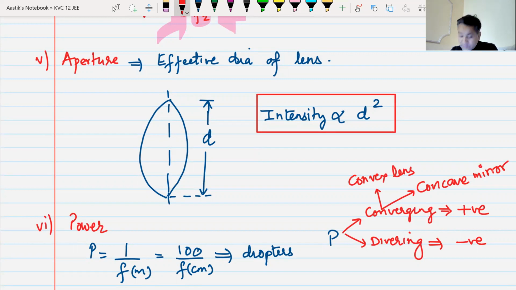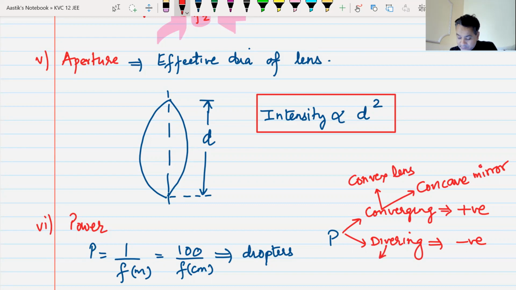Sir, you didn't say the power of mirrors. I told you the power of mirrors: minus 1 by f. Okay, I must have told you, you may not remember. Even then, you can write it now.